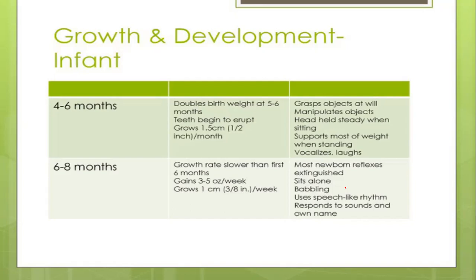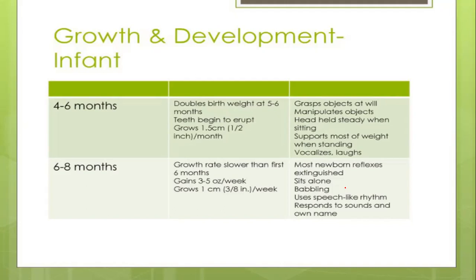However, when this baby reaches the 4th to 6th month, that does not happen anymore, can keep his or her head steady, okay, and supports most of the weight when standing, and vocalizes and laughs. This is what you already read about, the social laugh, right? Well, it starts at 4 to 6 months.